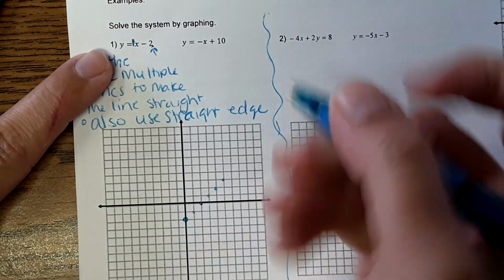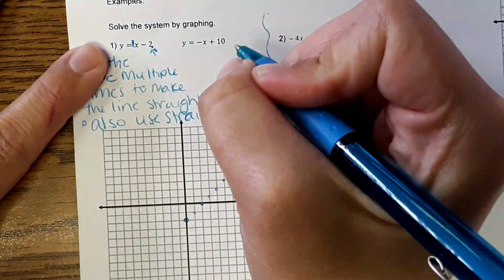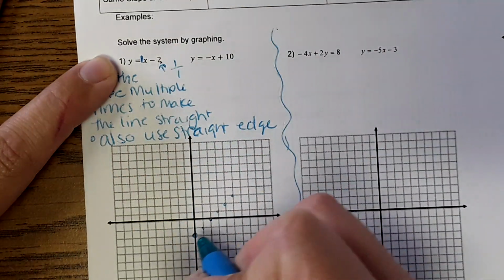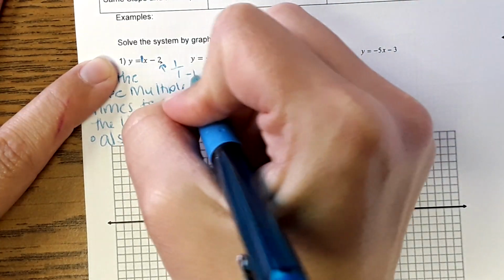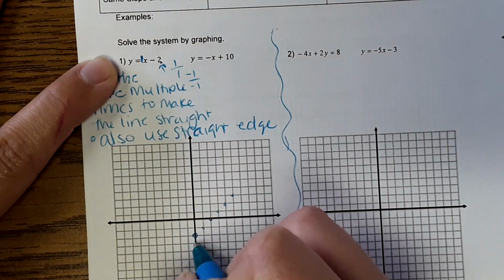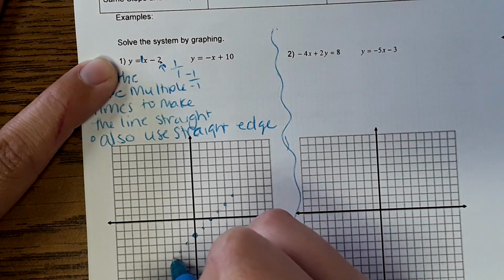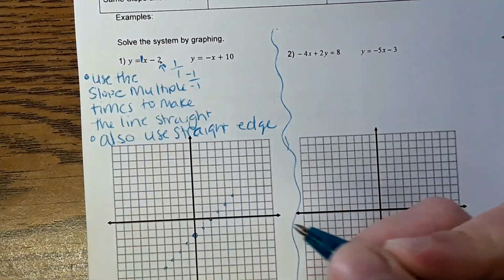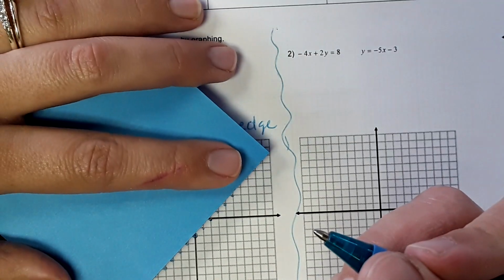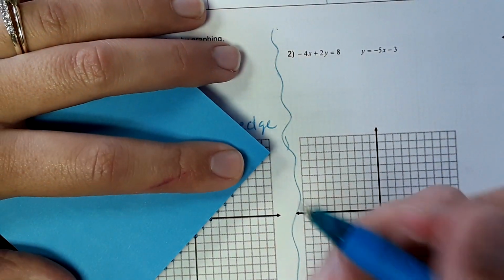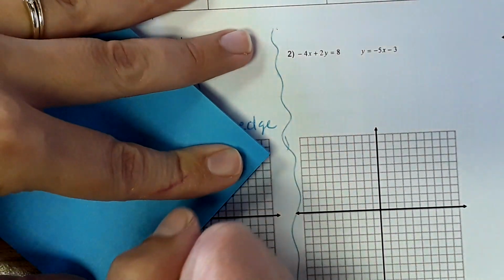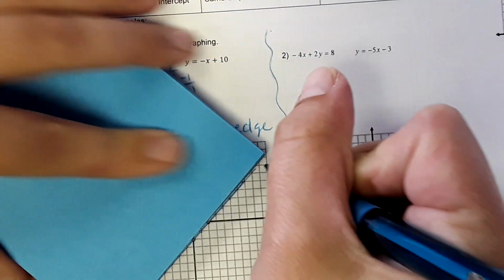So I'm going up 1 over 1, but the slope of 1 over 1, as much as it's up 1 over 1, it could also be -1 over -1, so we can also go down 1, to the left 1. And there's our line.